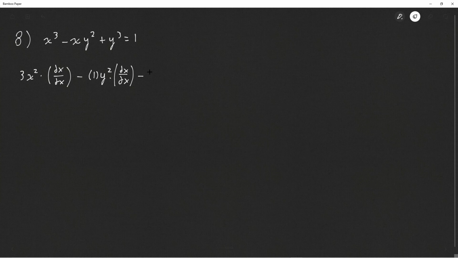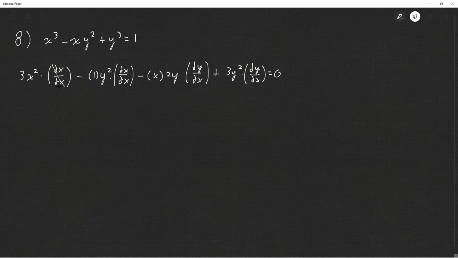And now this will be minus x, and this will become 2y multiplied by dy over dx. And this will be plus 3y squared multiplied by dy over dx equal to 0.